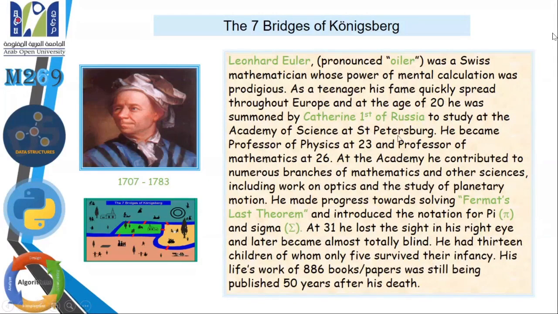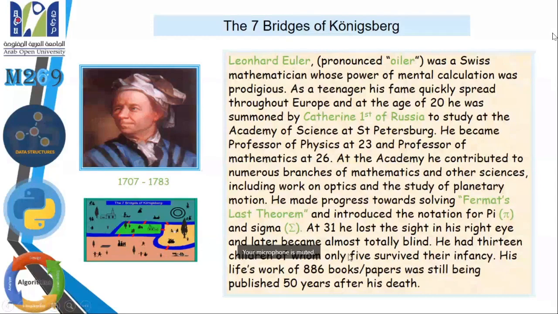He became a professor of physics at 23. Can you imagine that? So he is teaching in a university when he was 23. And professor of mathematics at 26. So now he is mastering 2 majors, physics and mathematics, and so on.